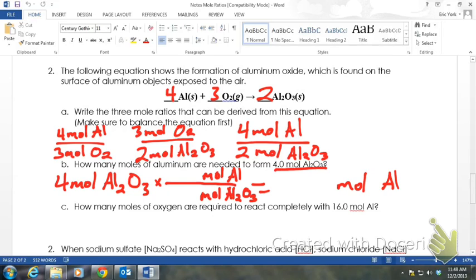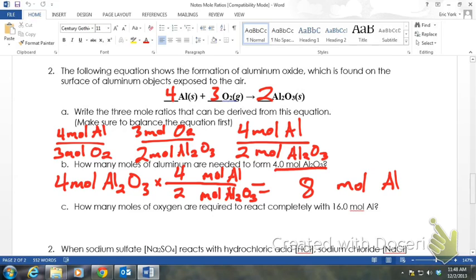Now that we have that, where do we get our numbers from? The coefficients. So what coefficient is in front of Al? 4. A 4. What coefficient is in front of Al2O3? 2. Good. So we put a 4 here and a 2 here. Now we do the math. What's 4 times 4? 16. What's 16 divided by 2? 8. So our answer is 8 moles of aluminum.